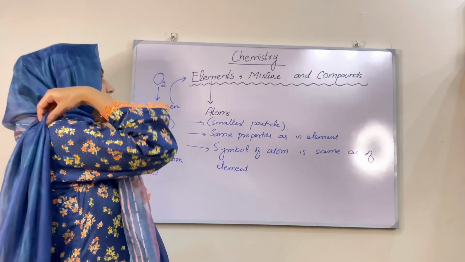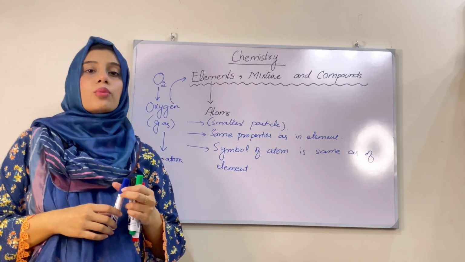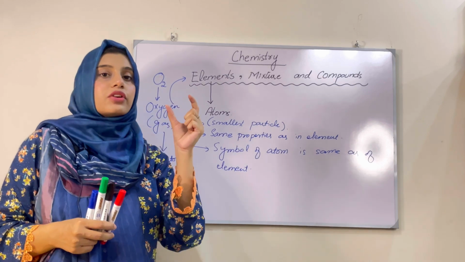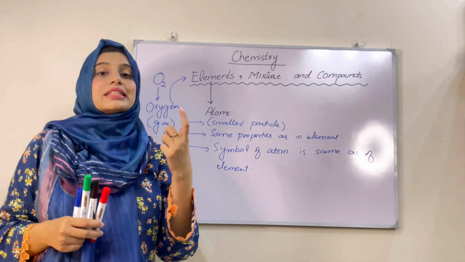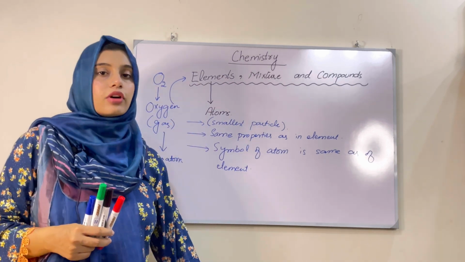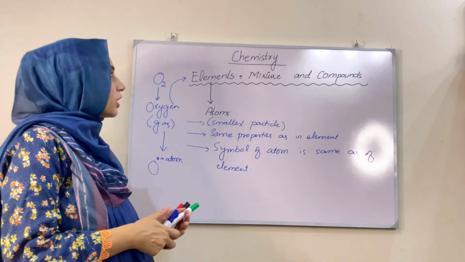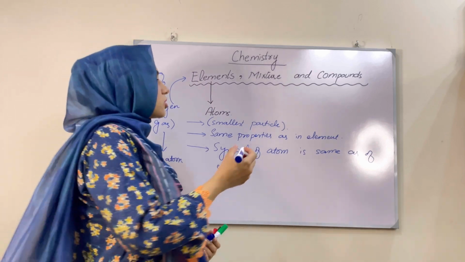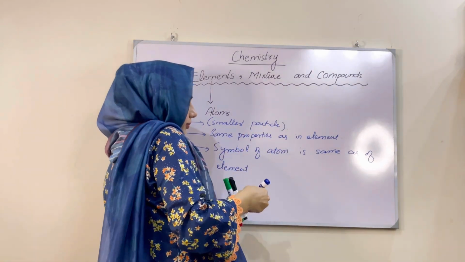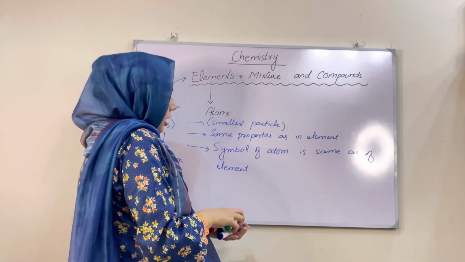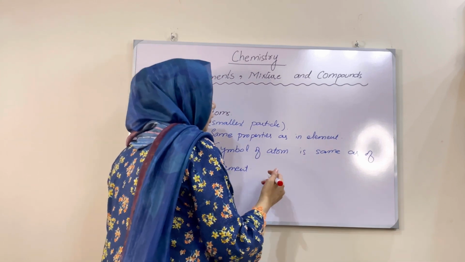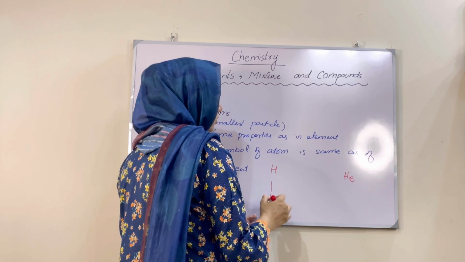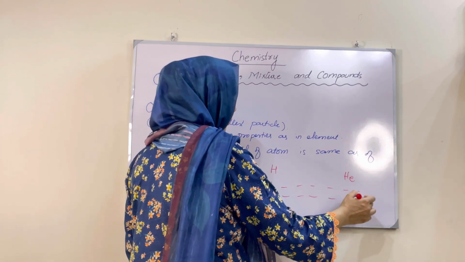Now we have so many atoms in a single element. In an element we have different atoms, and the sizes of atoms differ according to the size of the element. For example, in the periodic table we have hydrogen here, and then helium, and then many other elements.